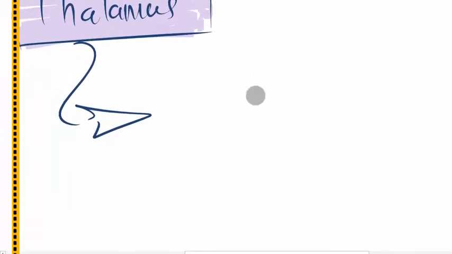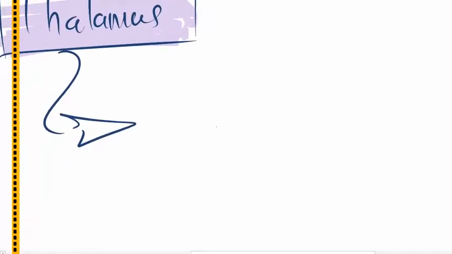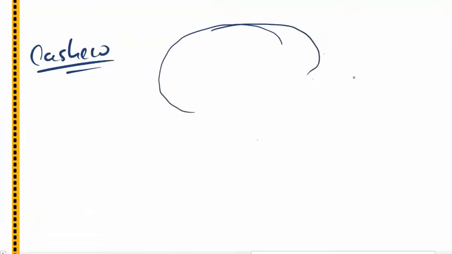So maybe just some general ideas. The thalamus is kind of like the size of a cashew, right? So typically it looks something like this. If you want to draw both of them, it looks something like this.